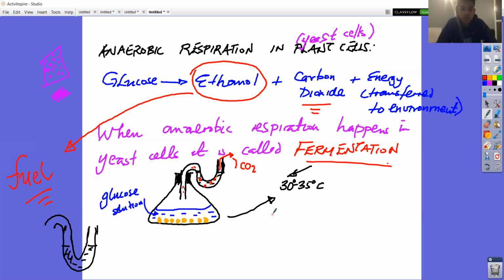Again here, connect synoptically to what you learned about enzymes. These are living things, so they've got enzymes. What can you remember about enzymes? Do they die if they're not kept at this?